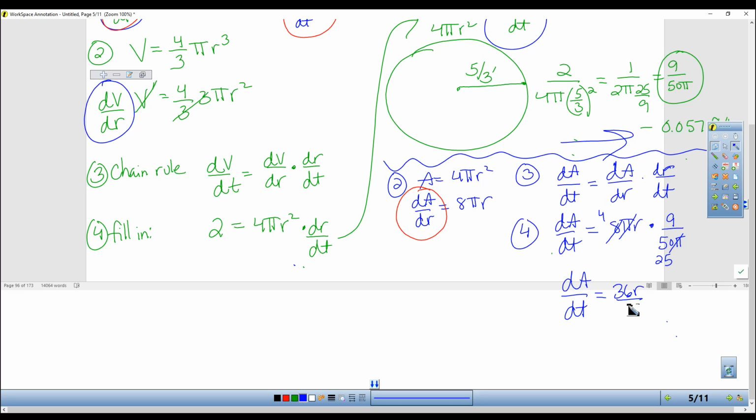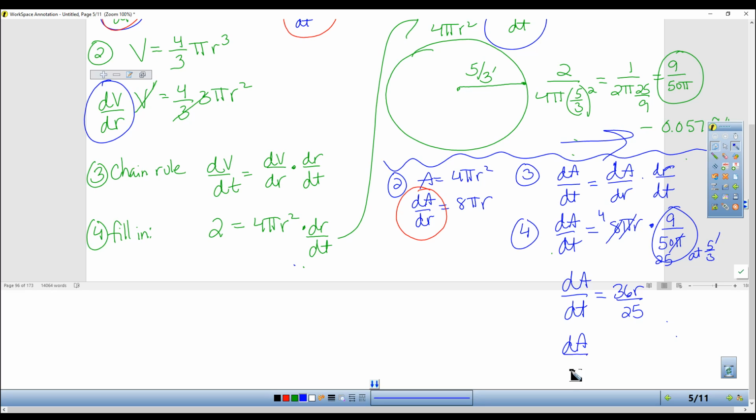This is a general formula. We want to know how fast the surface area is changing at a very specific moment. We want to know how fast it's changing at the 5/3. And actually, I've already used that number here. This answer was only good at 5/3 feet.